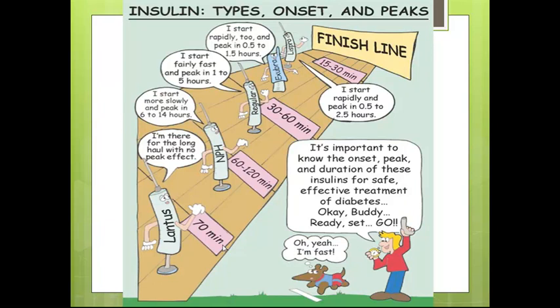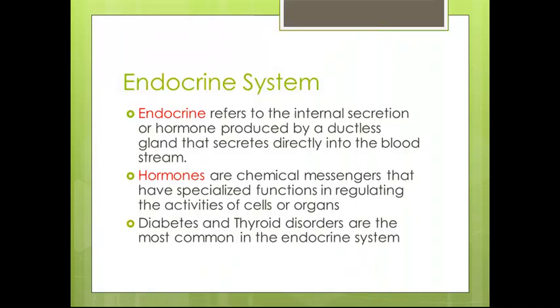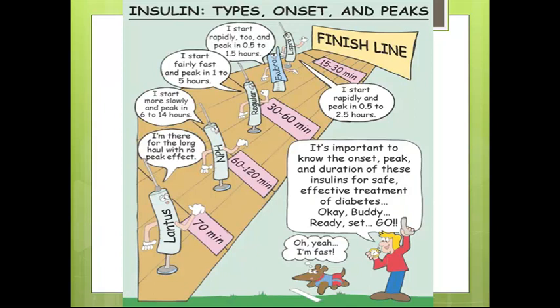And then our Lantus is our long-acting. There is no specific peak, and it usually starts acting around 70 minutes. It's important to know the onsets, peaks, and durations of the insulins for safe, effective treatment. We don't want to put anybody into hypoglycemia due to incorrect dosages.